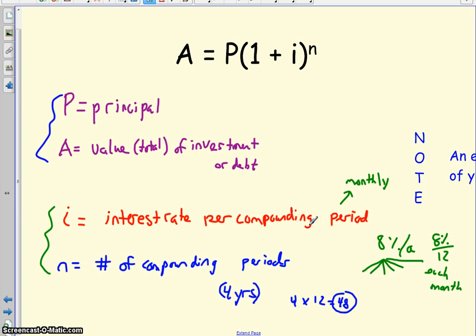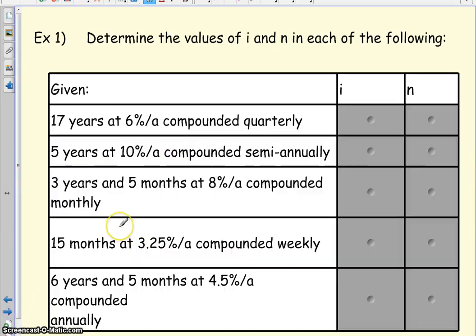So the interest is calculated 48 times over the course of 4 years, but you're not getting 8% of your investment every single time, you're getting 8% divided by 12 every single time. So again, this can be the part that can cause the most confusion when dealing with these types of problems. We're going to take a look at some examples on the next slide of how to specifically calculate I and N before we start doing a lot of problems. So with that in mind, let's take a look at that.